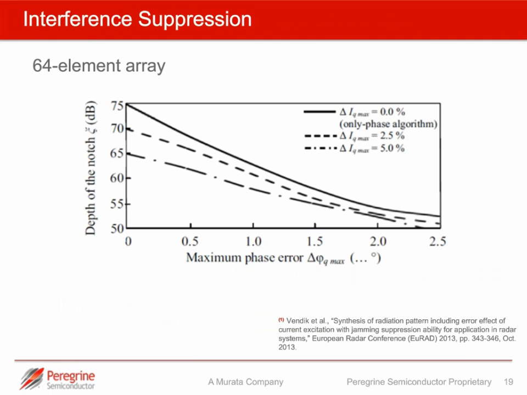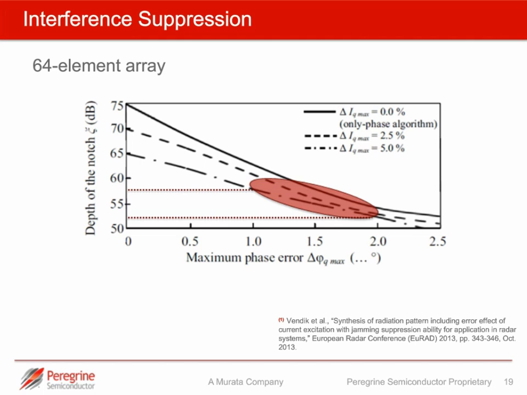Now turning to interference suppression, and in this example with a 64 element array, on the vertical axis we're looking at the depth of the notch, which is showing us the suppression that we're achieving. We're looking for suppression, or a notch depth, of somewhere between 50 and 60 dB. In this example, we're considering only phase error.